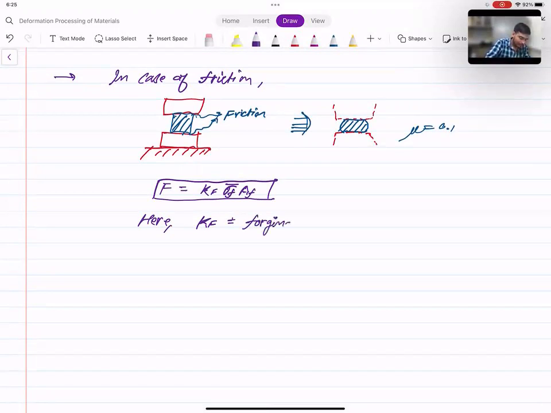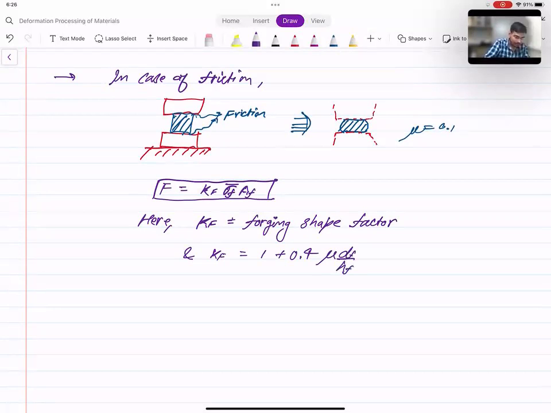Kf is the forging shape factor, and it is given by the relation Kf equals 1 plus 0.4 times mu times df over hf.